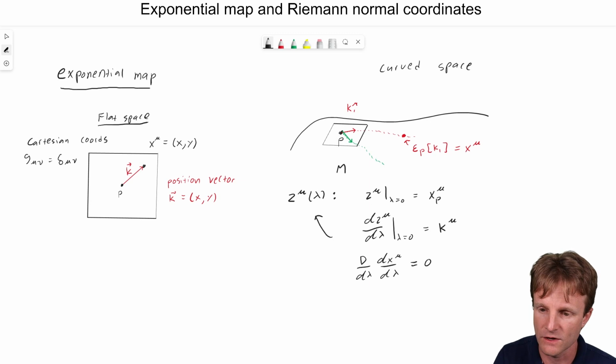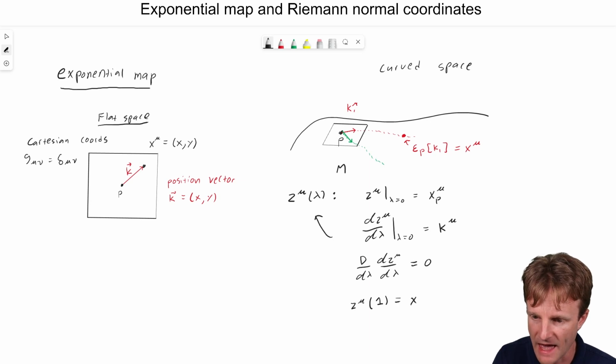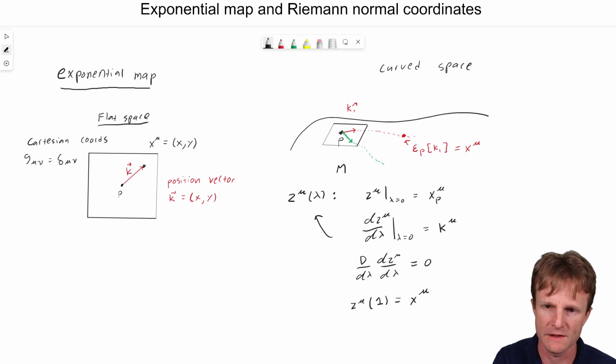So we take our curve. I should have written, in this equation here, dz^μ/dλ. We take our curve, z^μ, and we evaluate it at 1, and that is x^μ. Okay, so these 4 equations now determine a special point x^μ.